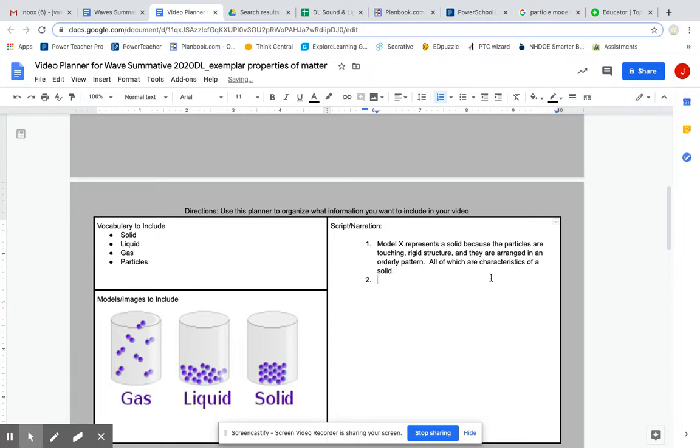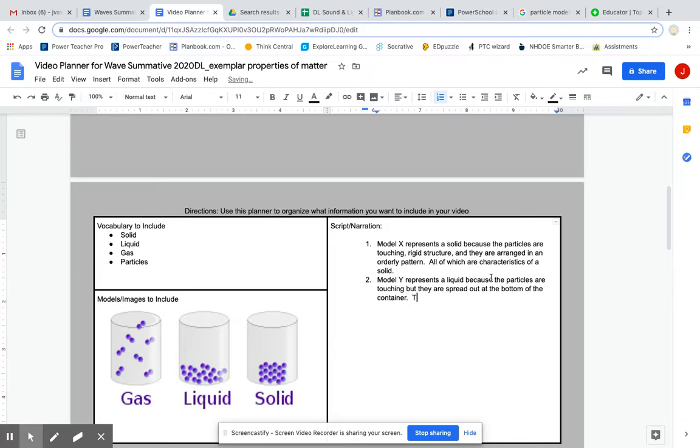The next thought I want to talk about is Model Y. Model Y represents a liquid because the particles are touching, but they are spread out at the bottom of the container.